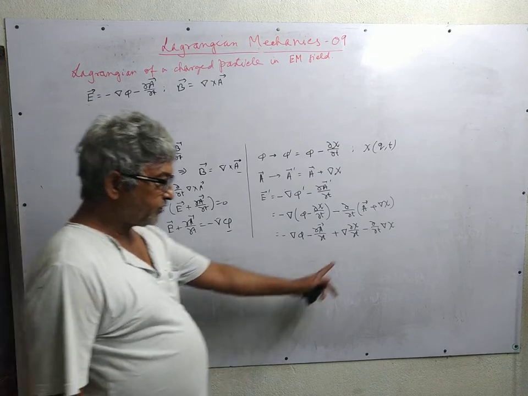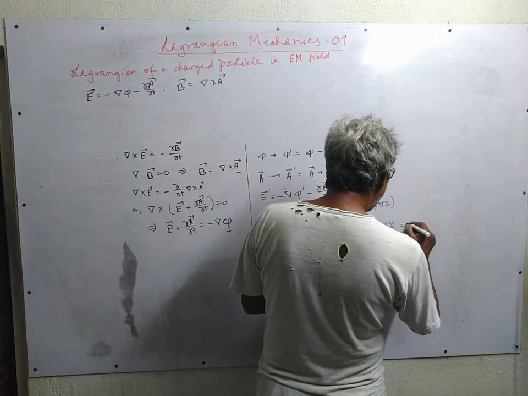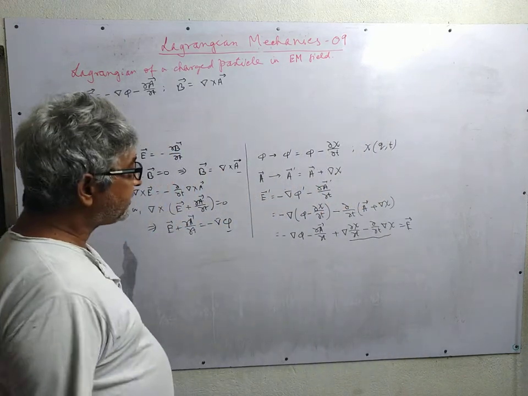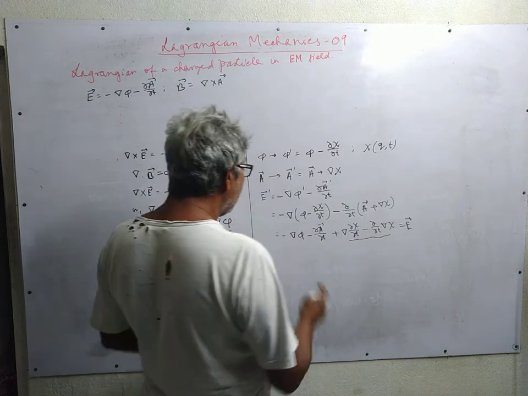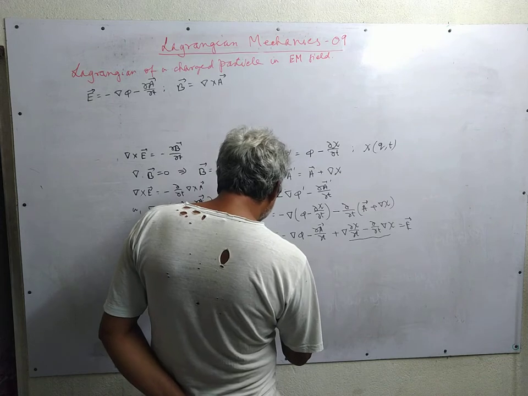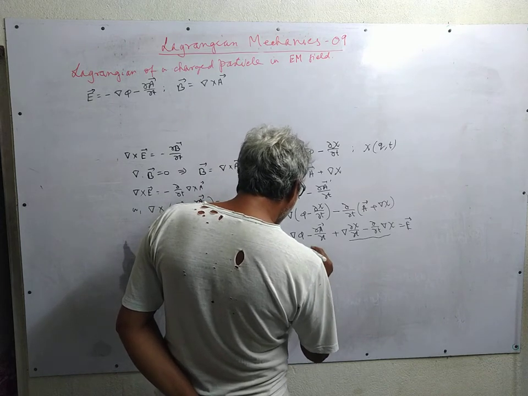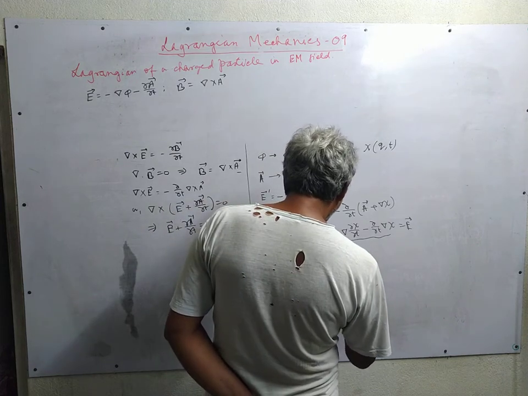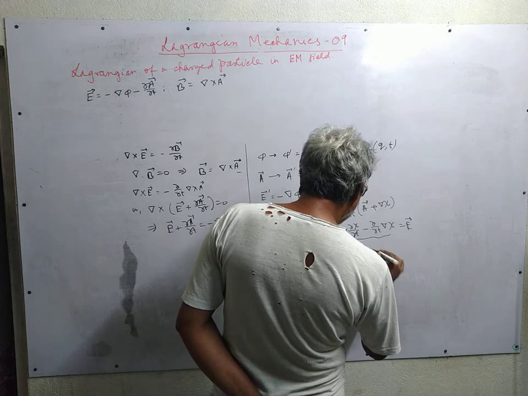Since the order of partial differentiation is immaterial, this part is 0, so we get E prime is equal to E. So under this transformation the electric field remains the same, and similarly B prime is equal to curl of A prime, which is curl of A plus grad chi.